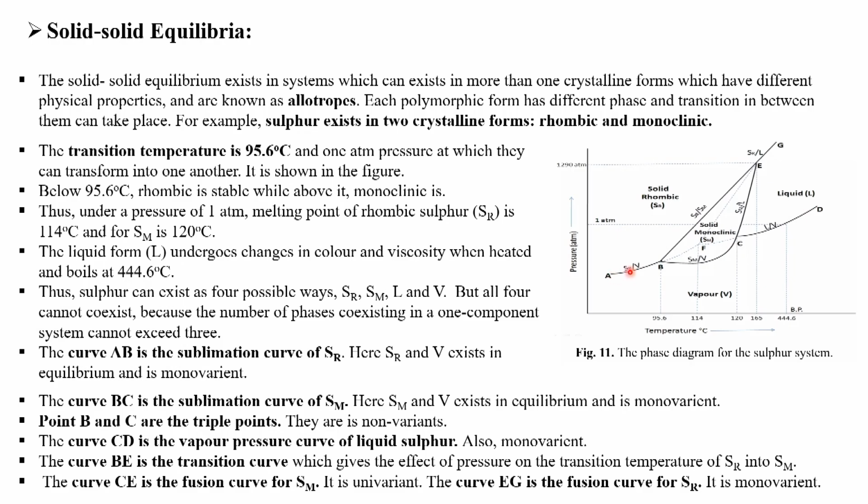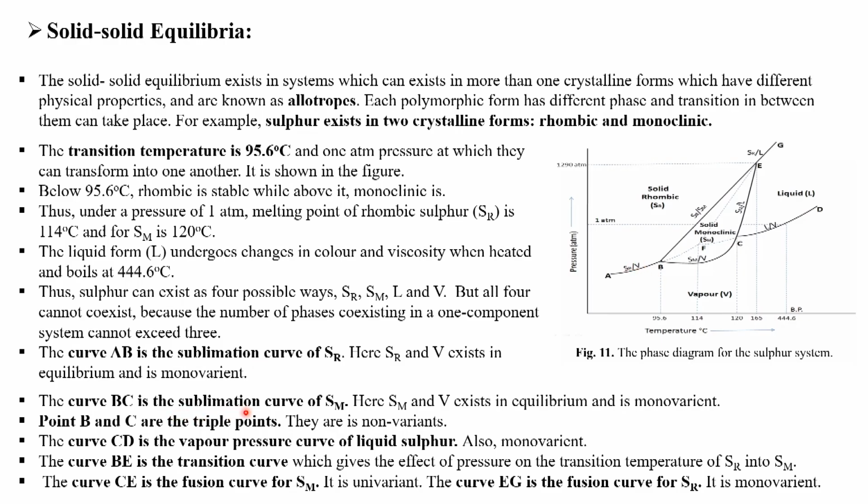The curve AB is the sublimation curve of SR, the sublimation curve of rhombic sulfur. Because you get solid sulfur and vapor sulfur in equilibrium with each other. Here rhombic sulfur and vapor exist in equilibrium and it is monovariant.